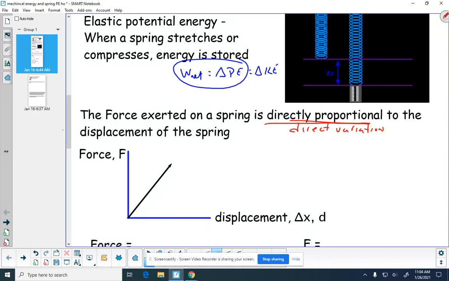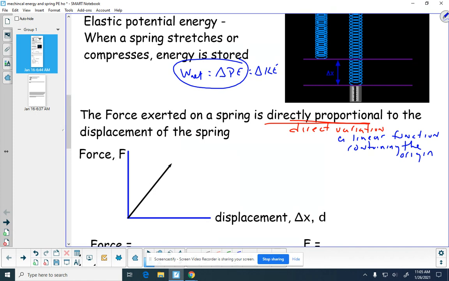And if you look at a direct variation, remember the direct variation function. It is a linear function that contains the origin. Direct variation is the same thing as directly proportional: as one increases, the other increases at a constant rate.